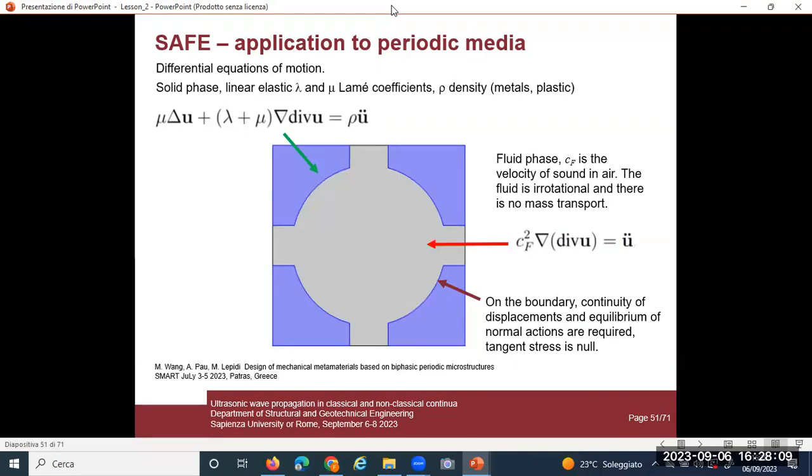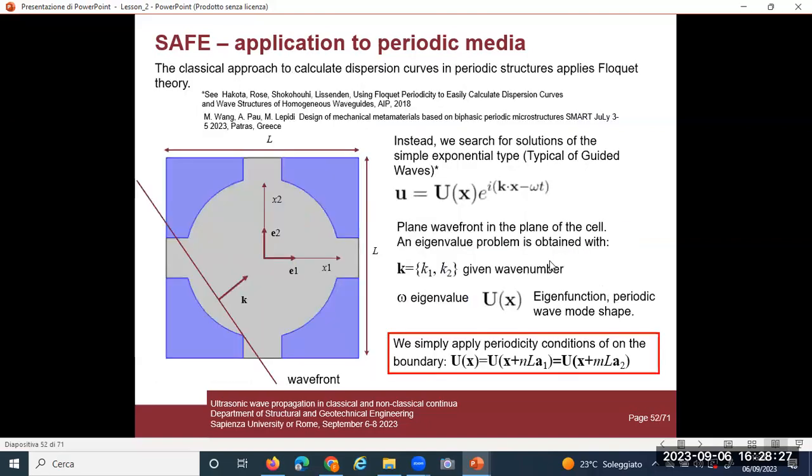And in this case, we've used both the equations of elastodynamics, which hold in the solid phase, and also added some equations that concern the fluid phase, and adopted this solution strategy.